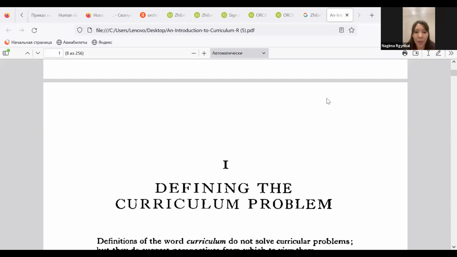We appear to be confronted by two different views of the curriculum. On the one hand, the curriculum is seen as an intention, plan, or prescription, an idea about what one would like to happen in schools. On the other, it is seen as the existing state of affairs in schools. What does in fact happen?